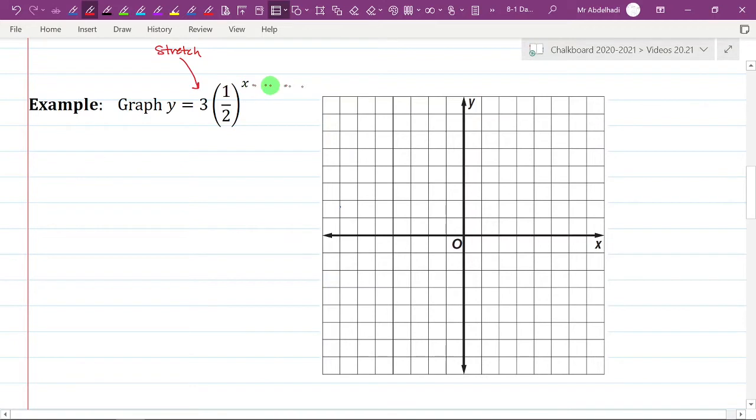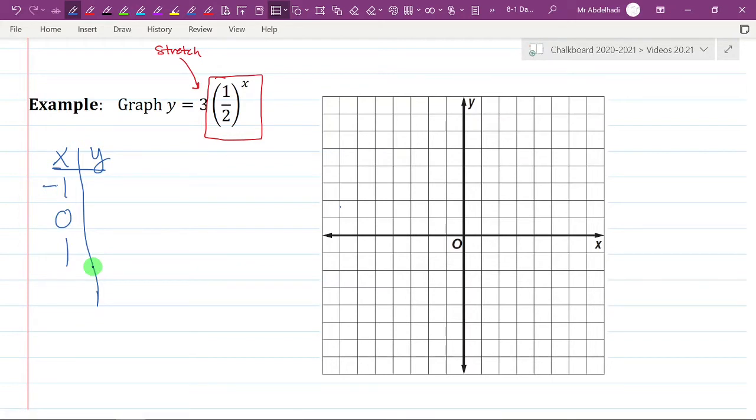There aren't any shifts, any vertical or horizontal shifts, but we do have the exponential part right here. Okay, and so we're going to make a table. -1, 0, and 1 are still the numbers we're going to use for exponential decay, no different than before.